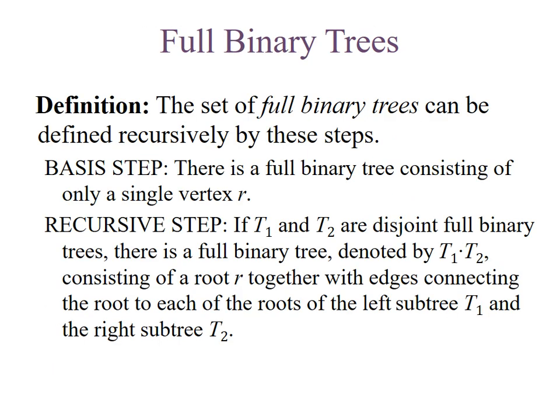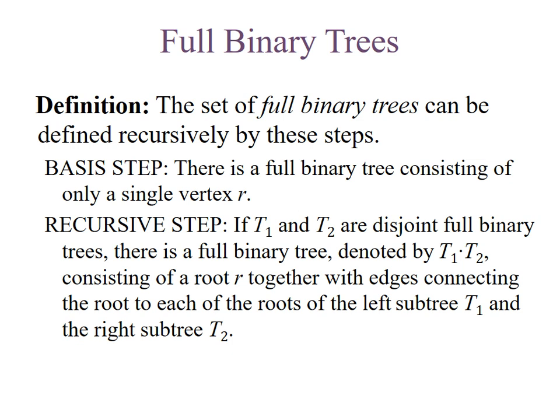All right, next let's see the definition of full binary tree. The set of full binary trees can be defined recursively. In the basic step, a full binary tree has only one single vertex R. In the recursive step, if T1 and T2 are disjoint full binary trees, then we can add edges from the root R, and it will be a full binary tree.